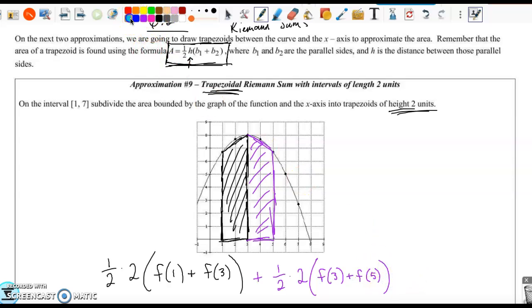And just to change colors one more time, you do it again because we wanted 3 trapezoids. Something like this. So 1/2 times the width, which is the height. It might help you to see that it is a perpendicular distance to the two bases that are parallel to each other. Yeah, f of 5 plus f of 7.